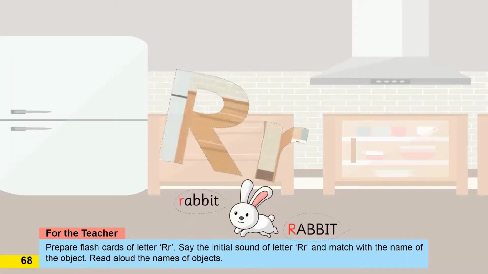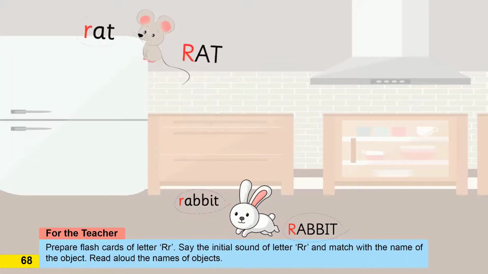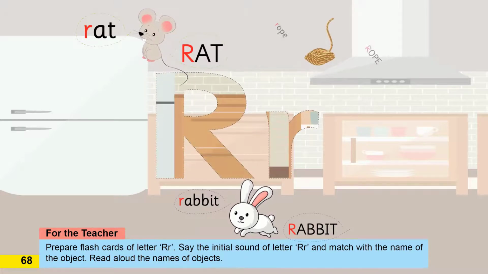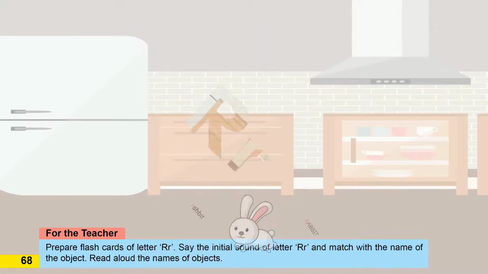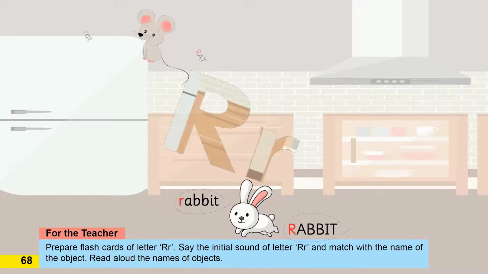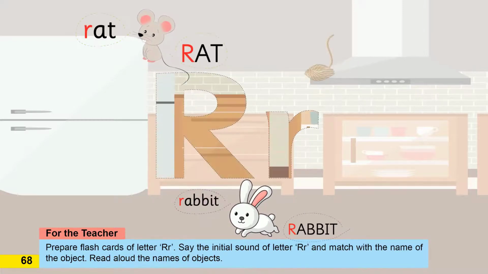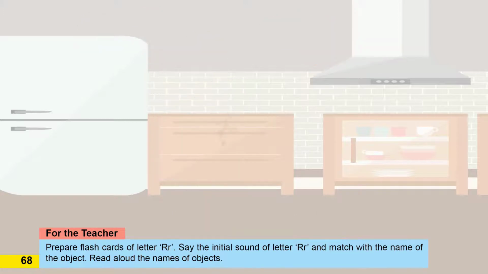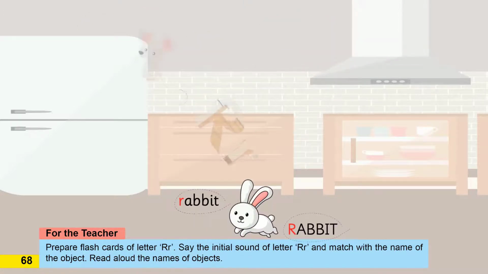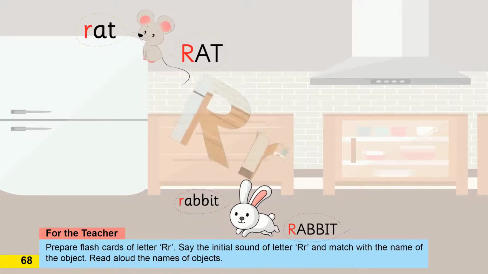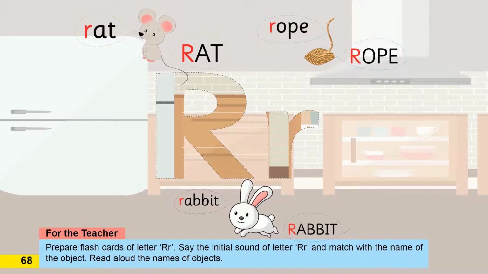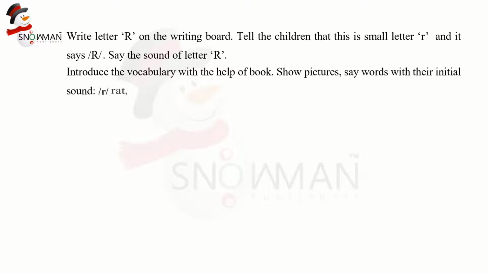R. Rabbit. R. Rat. R. Rope. R. Rainbow. Repeat at least 3 times.